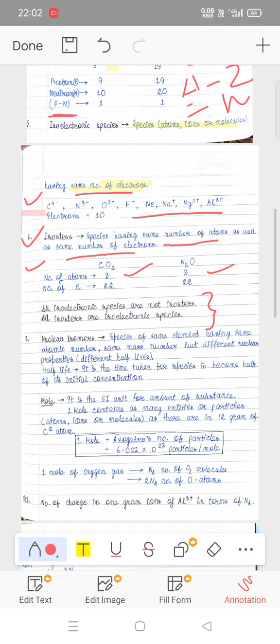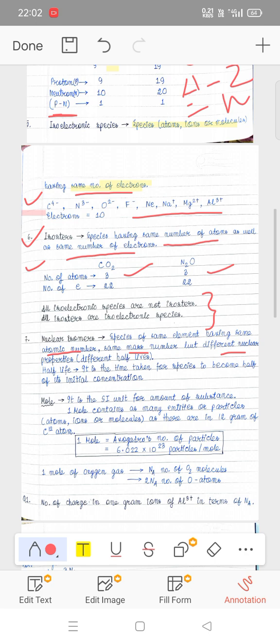Next is nuclear isomers. What are nuclear isomers? Species of the same element having the same atomic number, the same mass number, but different nuclear properties or different half-lives.